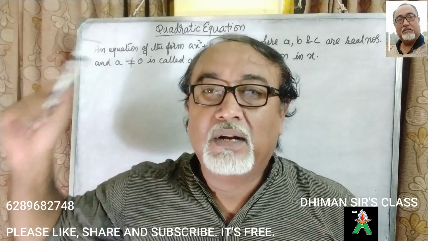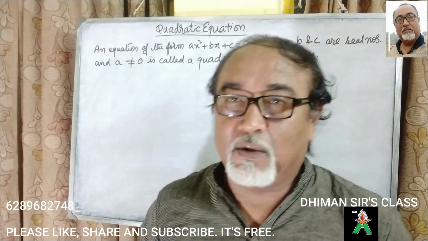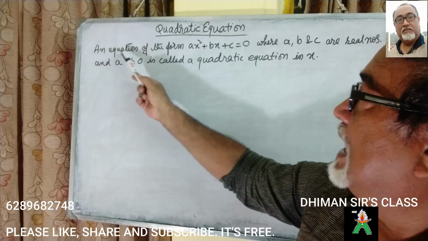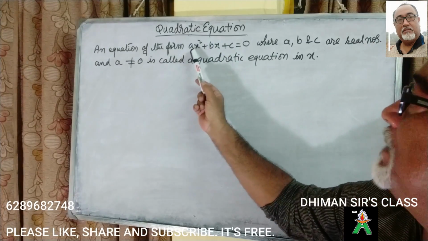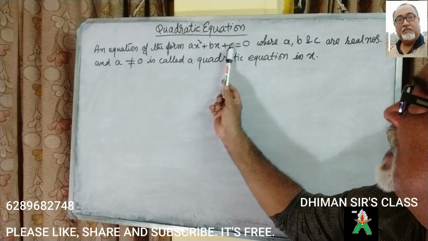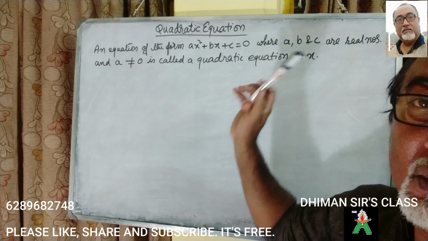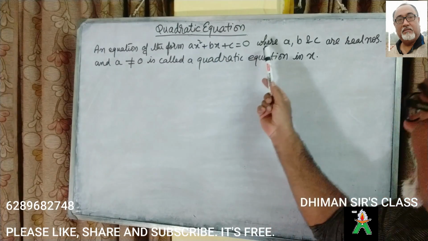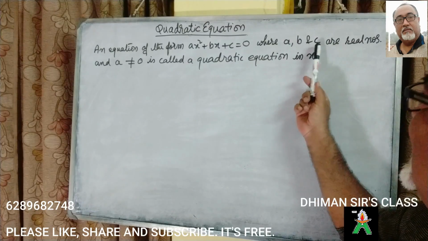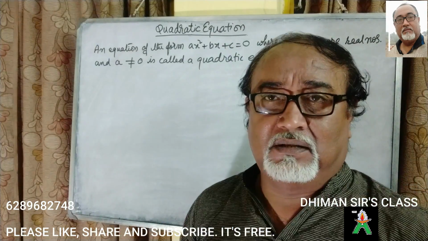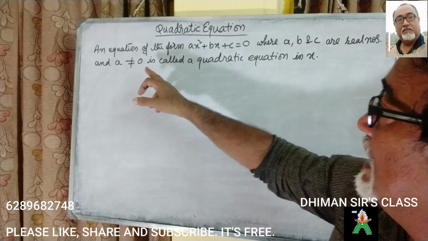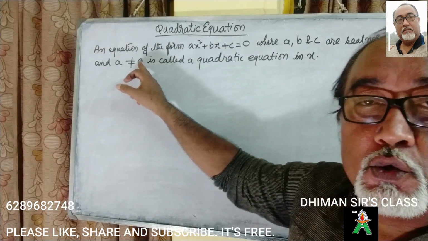Okay, so now let us start quadratic equations. As it is written here, a quadratic equation is an equation of the form ax square plus bx plus c is equal to 0. This should be the format of the equation, where a, b and c are real numbers, may be positive, may be negative, but a must not be equal to 0.